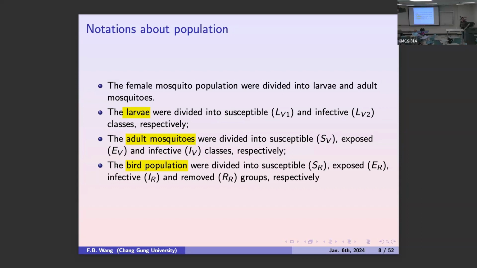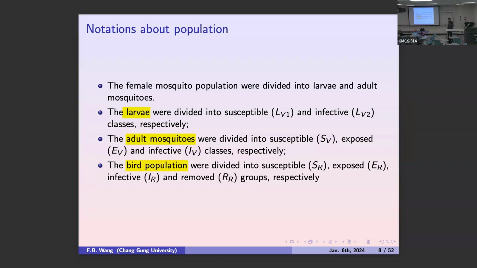So that means larvae do not infect, right? Larvae are infected because of vertical transmission, but once they are infected, they don't infect others. We assume they have no ability to infect.